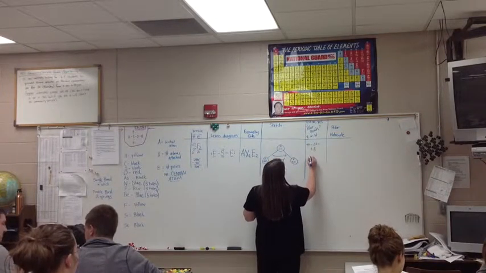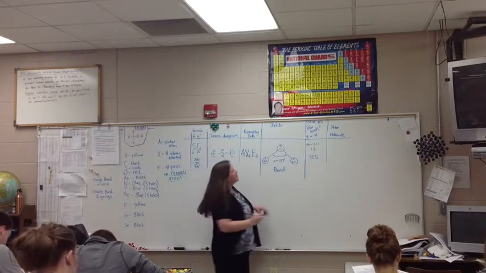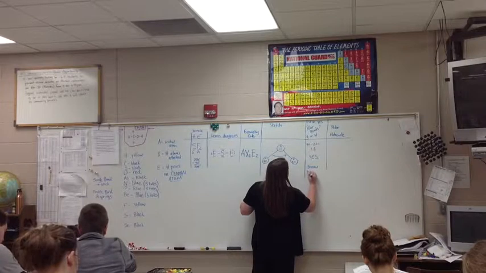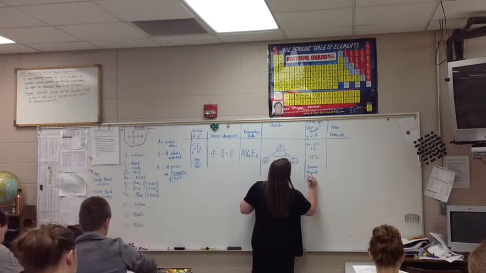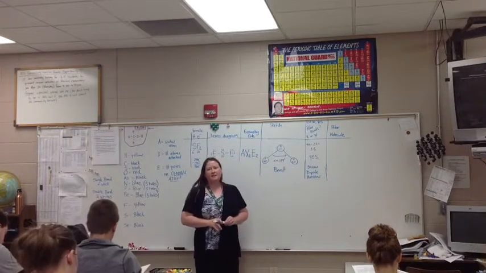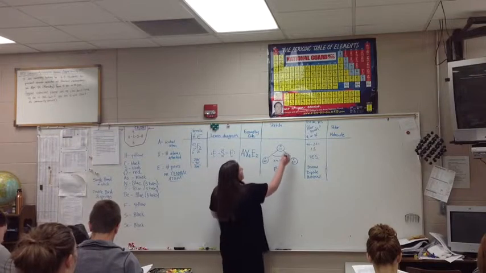It's greater than 0.3. So yes. Now, if the bond is polar, I want you to draw the dipole arrow. We did this one day. And I want you to draw it along the length of the bond.